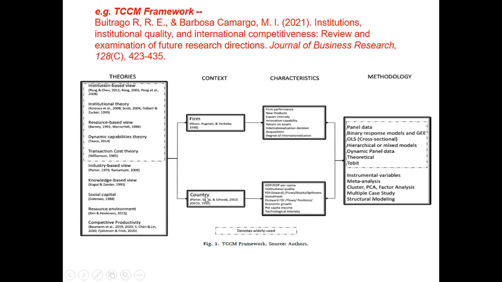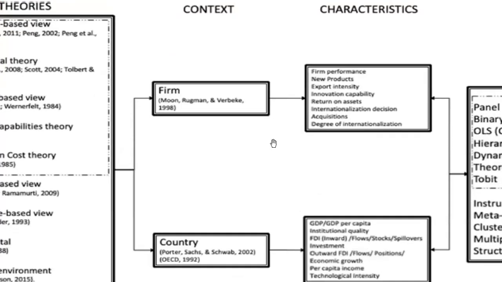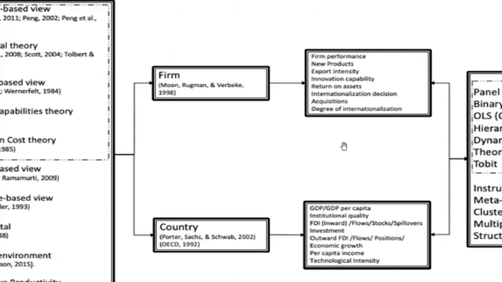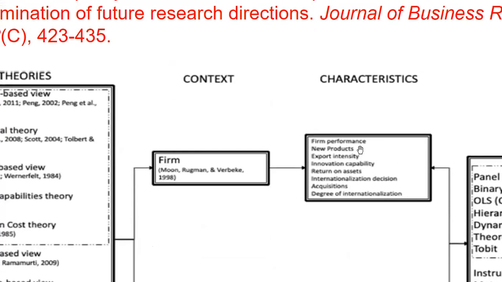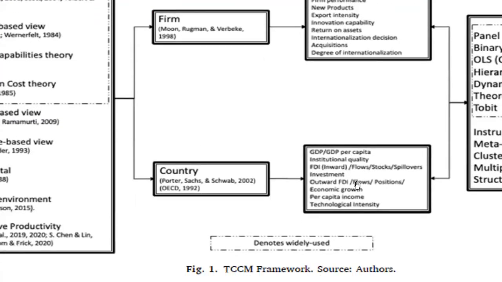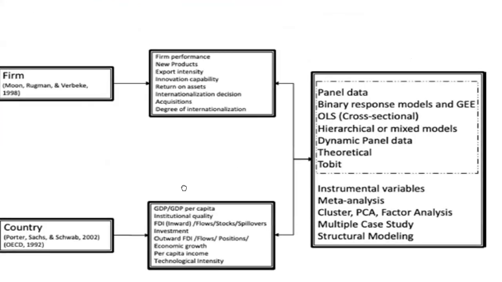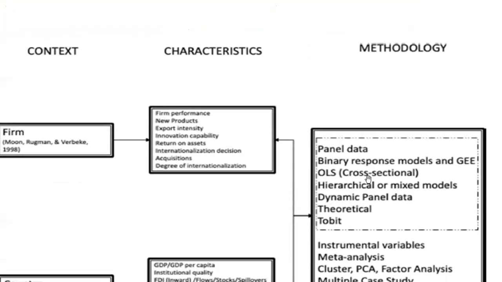Country, maybe? Are these country studies? Then you also look at, for example, characteristics, like, for example, are they studying firm performance, new products, et cetera. And also in this group, what are they studying? GDP maybe, per capita, et cetera. And then this will be your methodology.